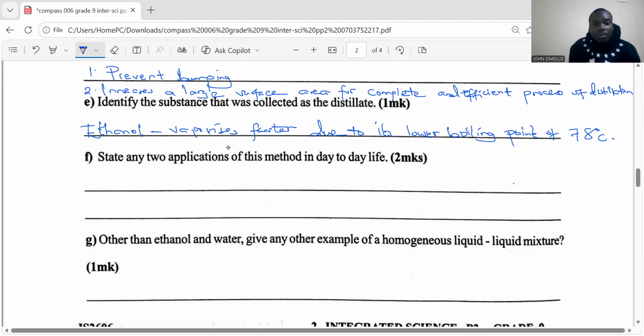F, state any two applications of this method in day-to-day life. Number one application, separation of liquid air to obtain pure gases like oxygen and nitrogen gases.